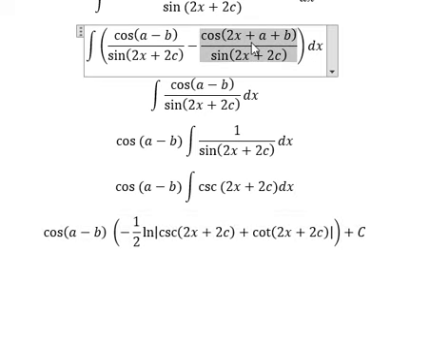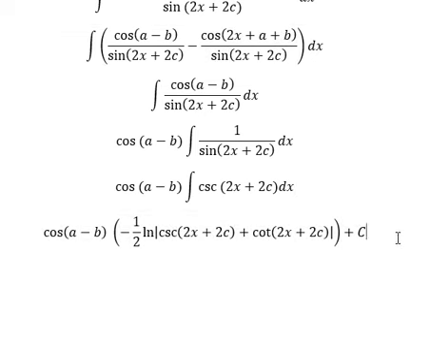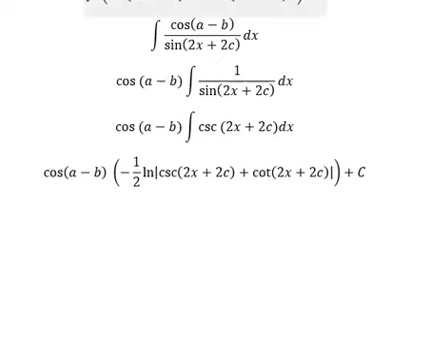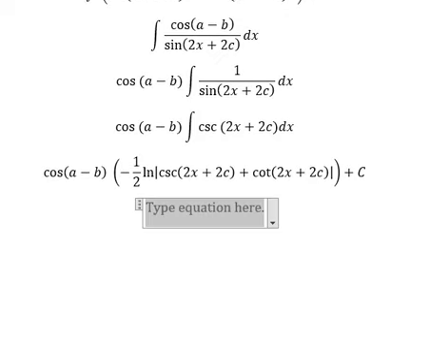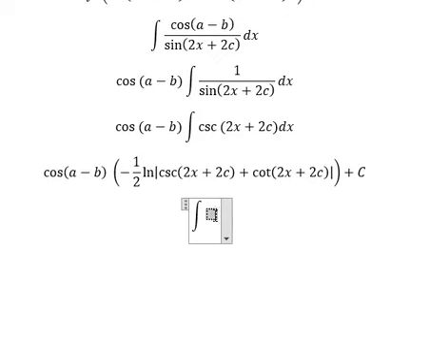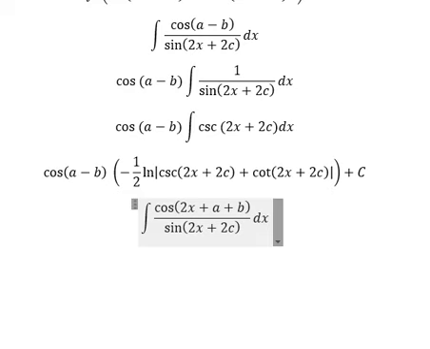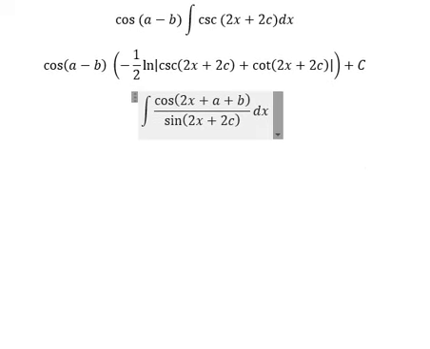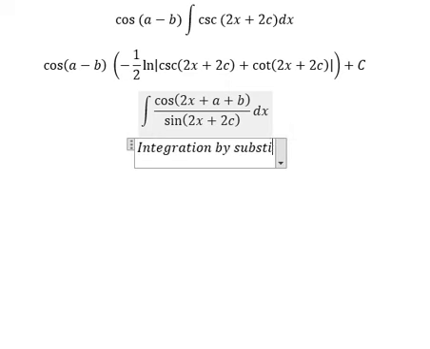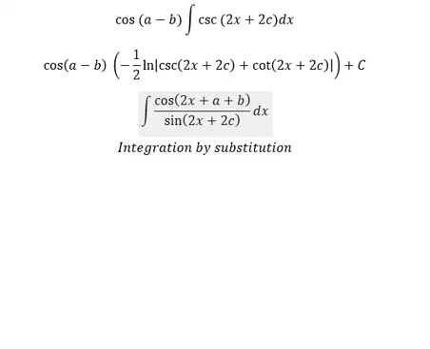Now we need to focus on this one. So we need to use about integration by substitution. So I will put about u equals to 2s plus 2c.